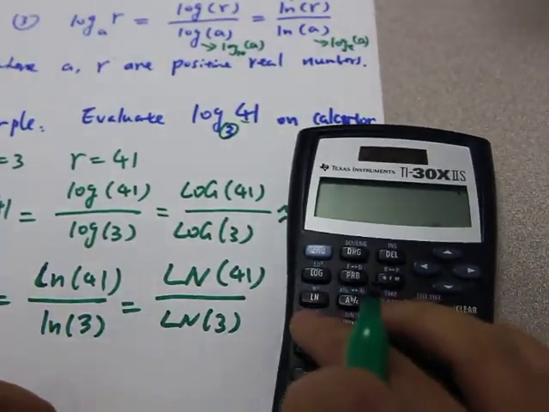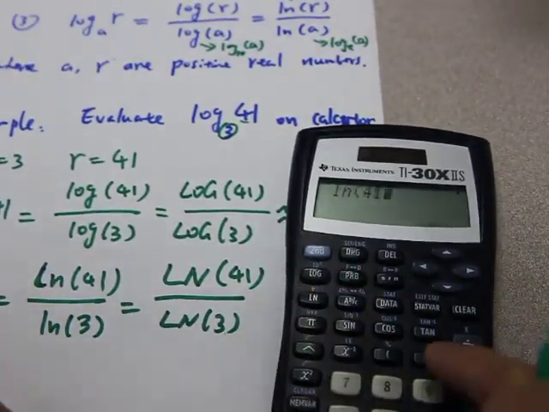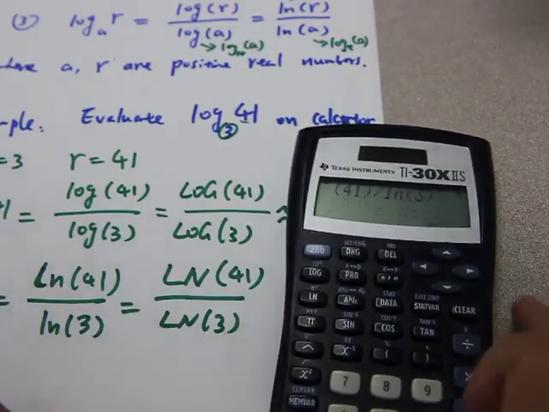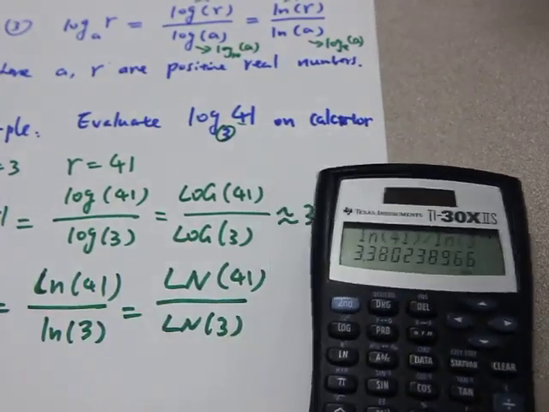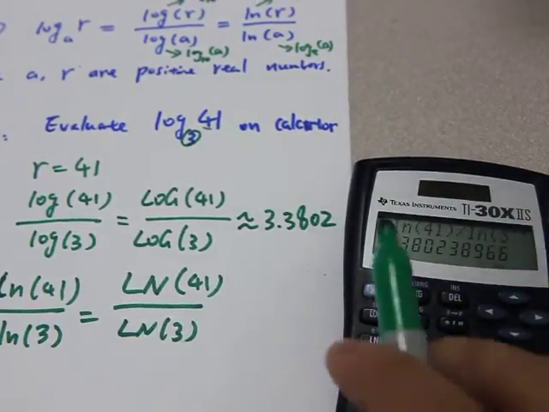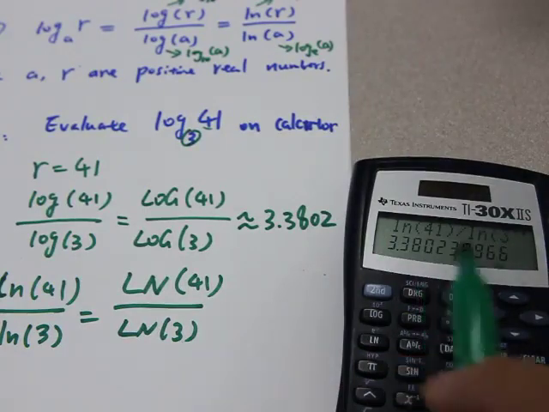Let's find ln of 41 divided by ln of 3. You can see the result is the same, 3.3802.